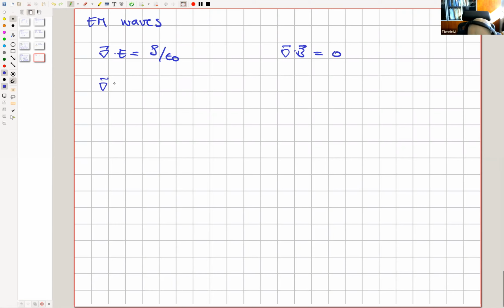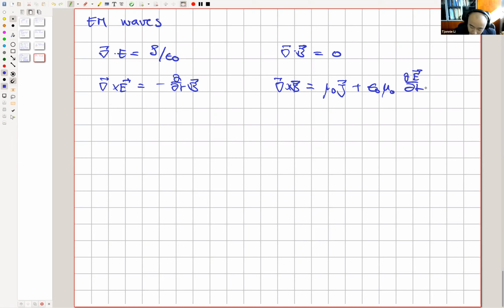And then curl of E equals negative of the time derivative of B. And the curl of B equals mu naught J plus the displacement current, or epsilon naught mu naught, and then the time derivative of the electric field.